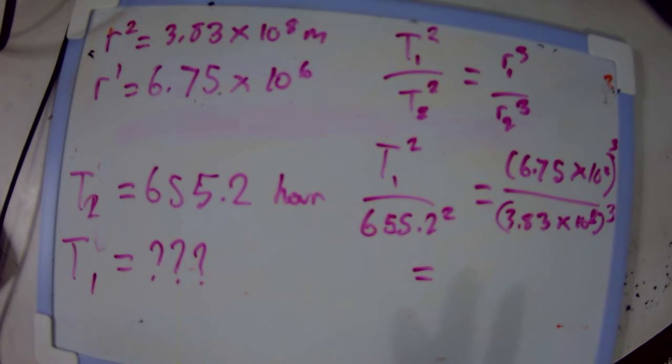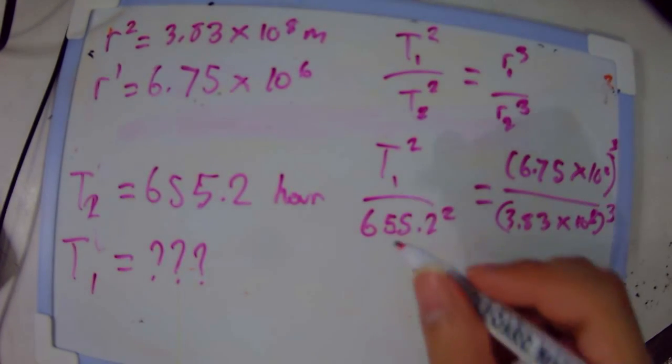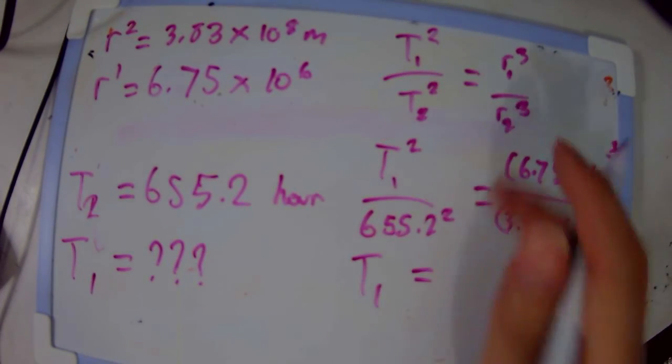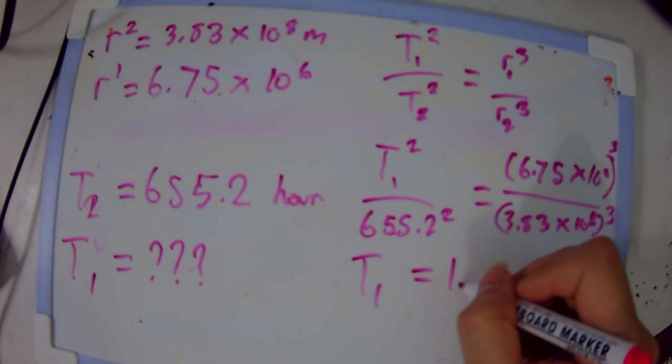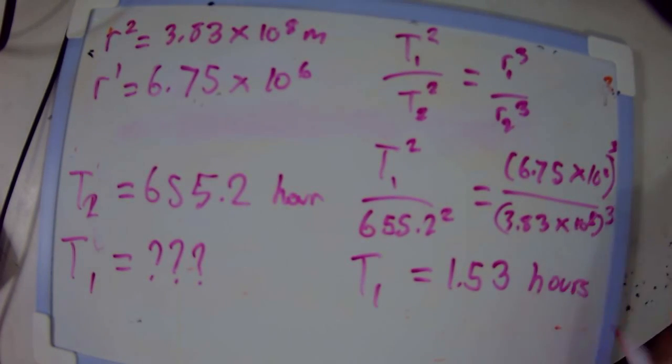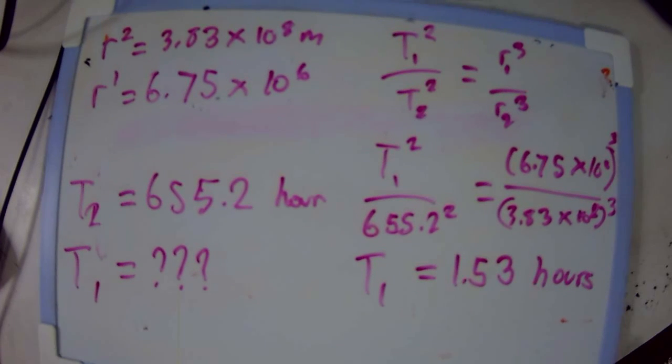Okay, I'm running out of space, so I'm not going to write out the whole thing. But if you write out the whole thing, you end up with T1. We move this to the other side and find the cube root, and you get 1.53 hours. Check your textbooks for the full solution. It'll give you the full solution for everything.